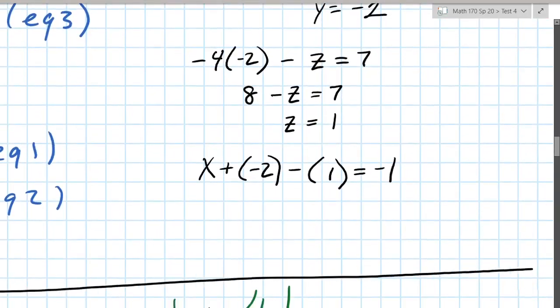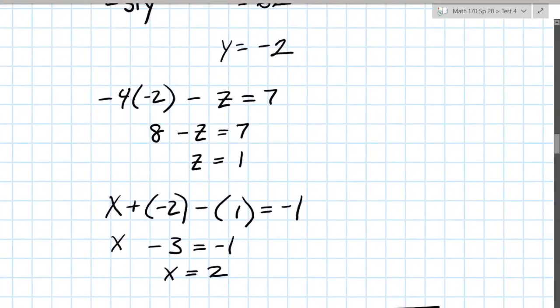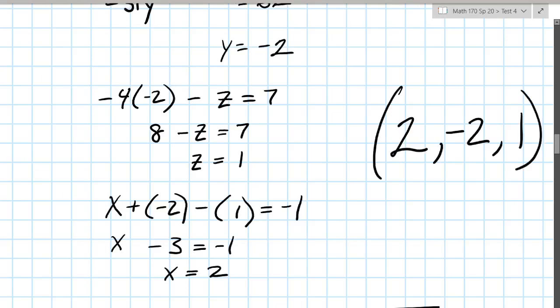So what does that give us? That gives us x minus 3 equals negative 1, or x equals 2. So our solution is the point x equals 2, y equals negative 2, z equals 1.